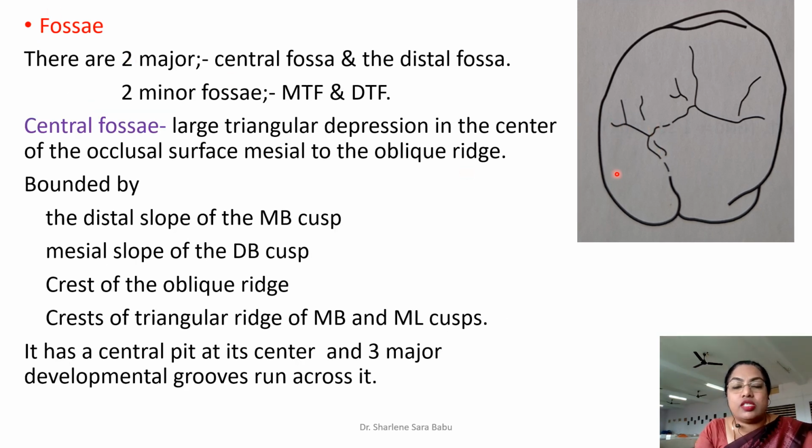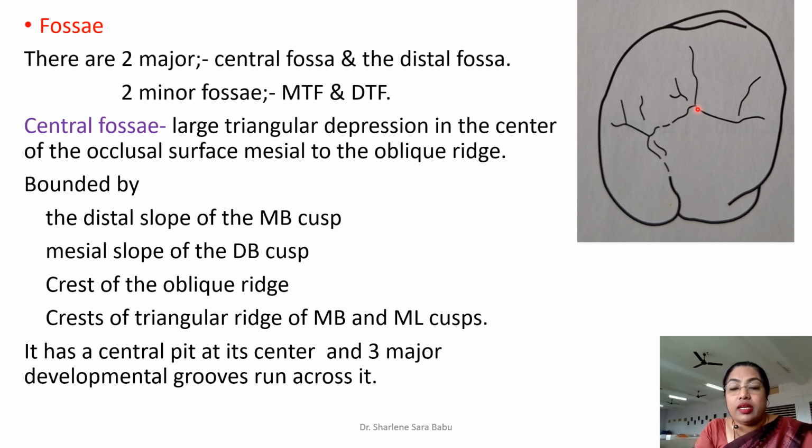Next, about the fossae. There are two major fossae, that is a central fossa and the distal fossa. And there are two minor fossae, that is a mesial triangular fossa and the distal triangular fossa. The central fossa is a large triangular depression in the center of the occlusal surface mesial to the oblique ridge.